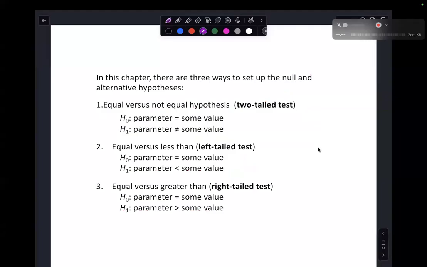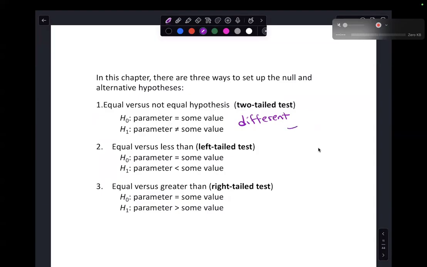All right, so here is what our tests look like, our hypothesis tests. If you see the word different, it is a two-tailed test. Our null hypothesis will say some parameter equals a certain value, and our alternative hypothesis will say not equal to. This is called a two-tailed test.